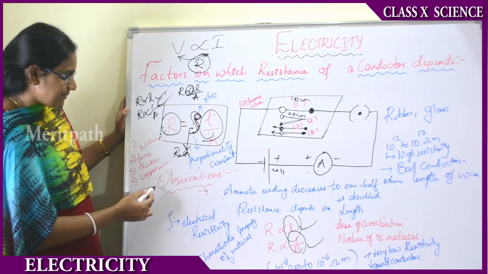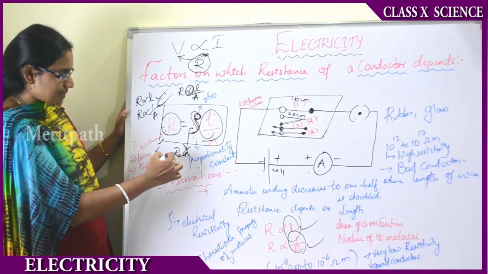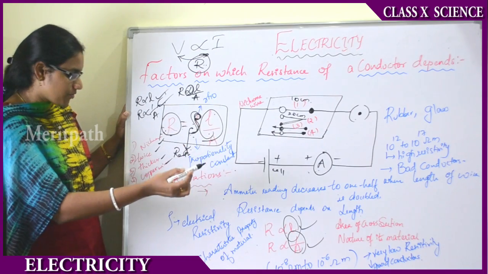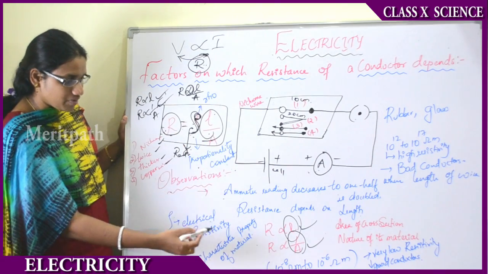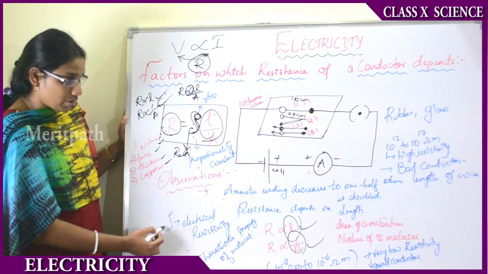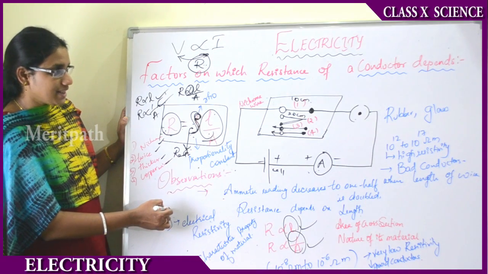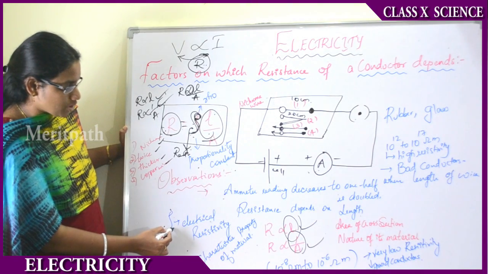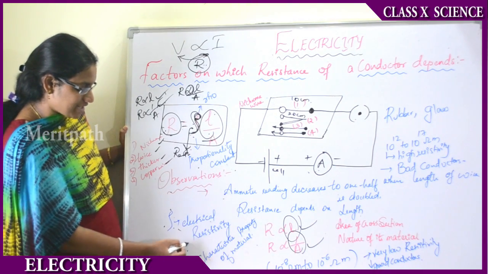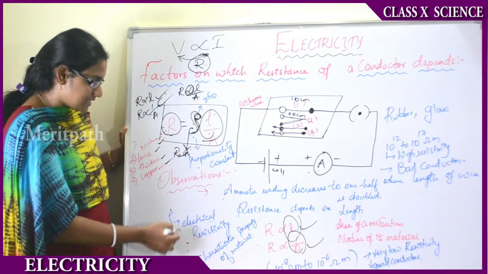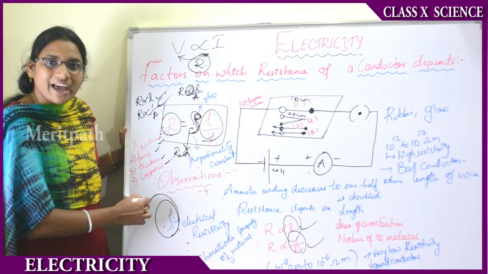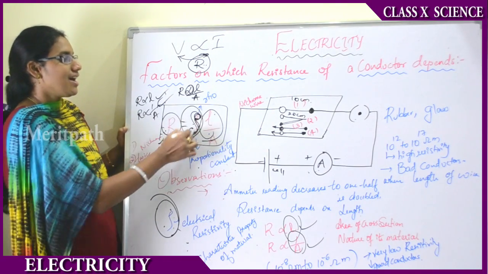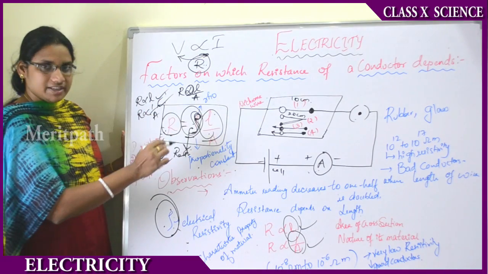Now let us see these four experiments we have done, and we have concluded that resistance depends upon length and area of cross section. These are the observations we have calculated, and you will be seeing this on the board. And rho is the electrical resistivity, as I said, and it defines the characteristics or properties of materials which we are using in the conduction process.